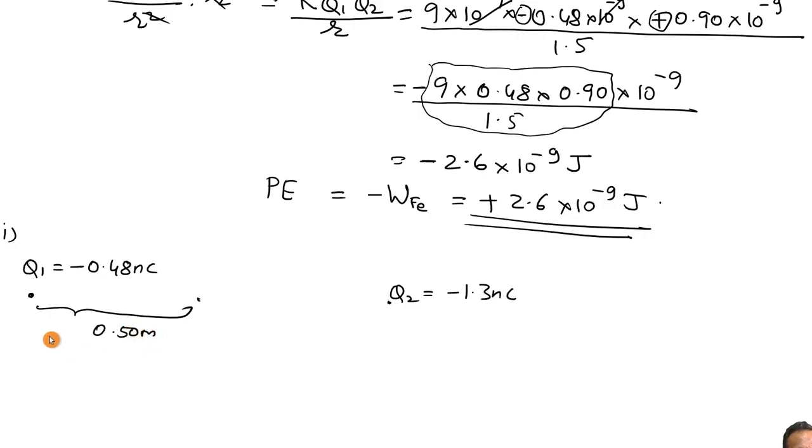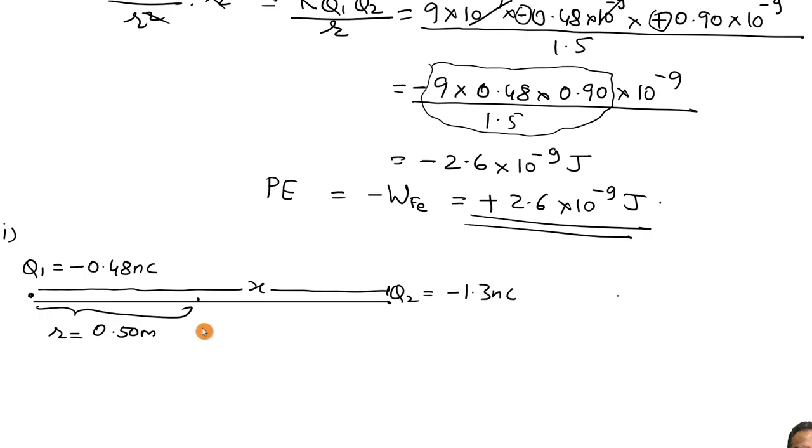So this distance you can take as r, and assume that this distance, let me draw a line to indicate that, let us assume to be x. This is x. And this is r.